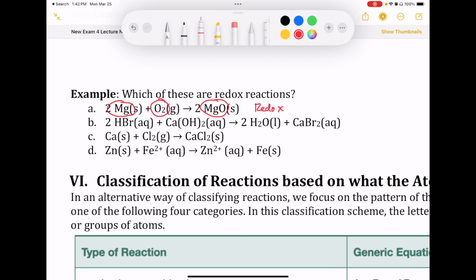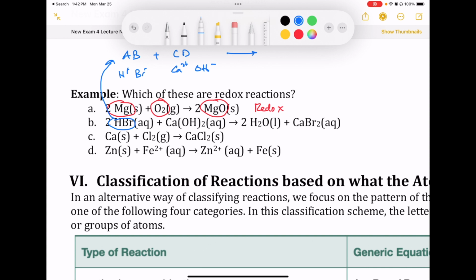What about the second one right here? Does it fit the ABCD pattern? Well, this one actually does. HBr is your AB, because you can break that apart into H plus and Br minus. And then Ca(OH)2 is your CD, because you can break it into Ca2 plus and OH minus, so that's another ionic species that could be generated. What about H2O?